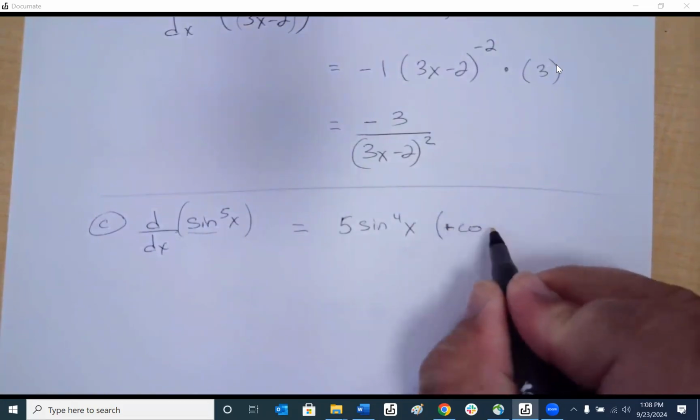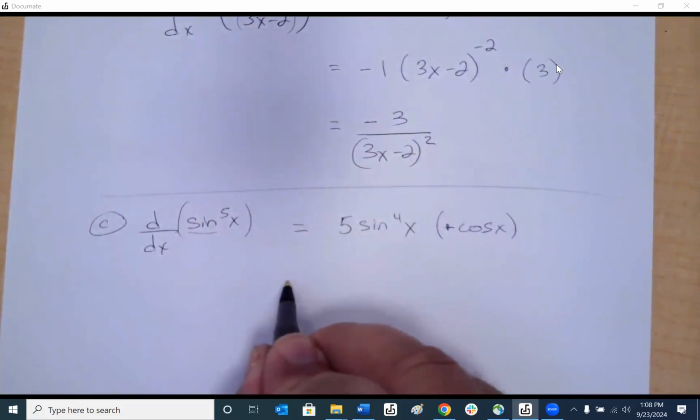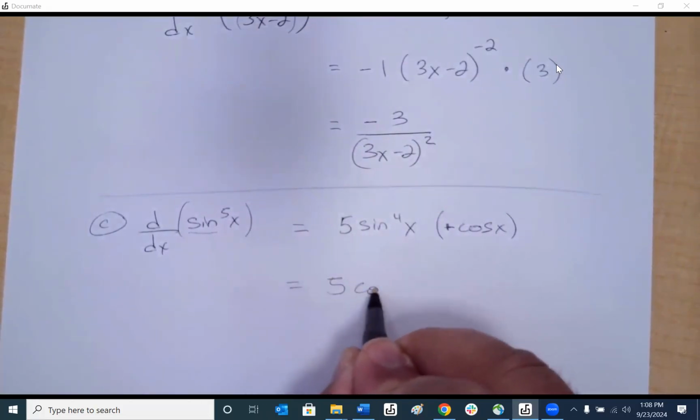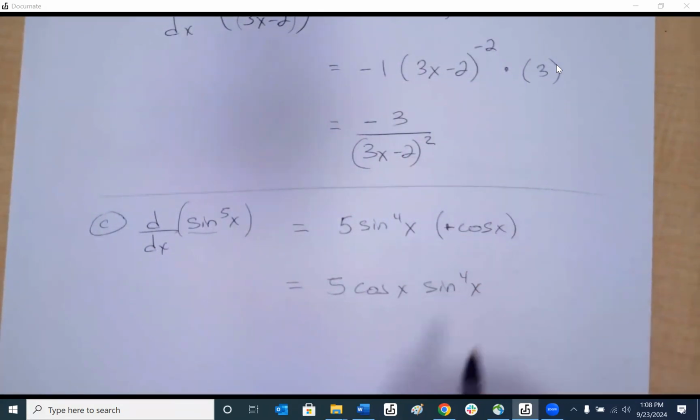No, it's not. It's positive cosine. Sine to cosine. So that's our answer. We have 5 cosine x times sine to the 4th of x.